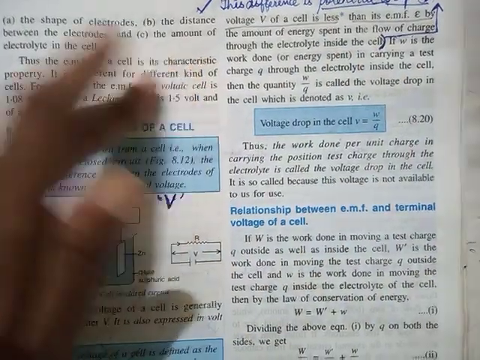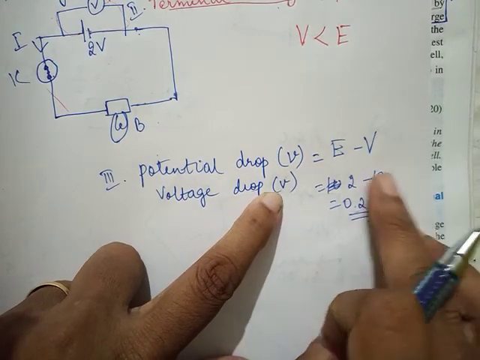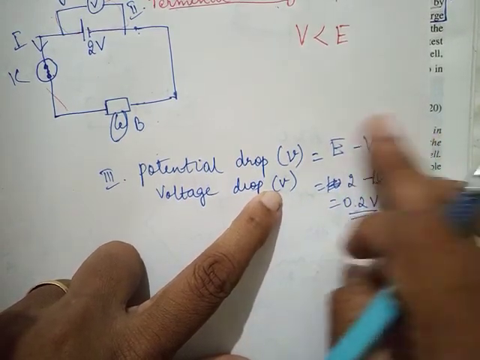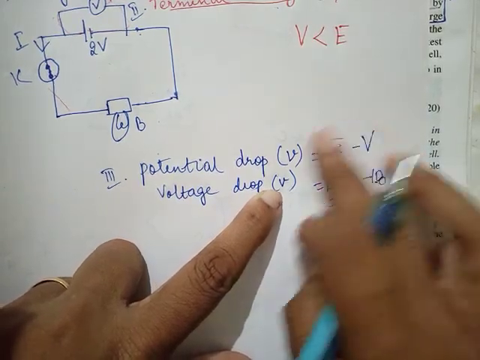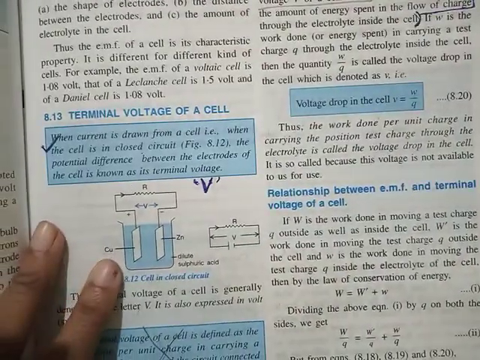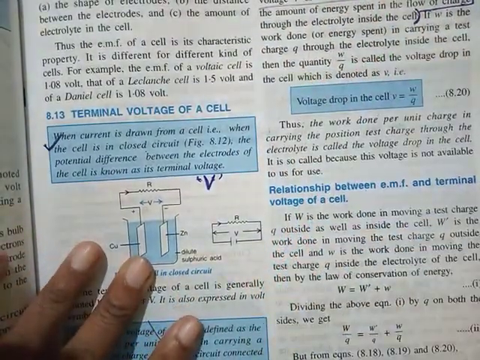Or you can say potential drop or voltage drop is the value by which the terminal voltage is less than the EMF. Okay, so this difference between E and V is called potential drop.